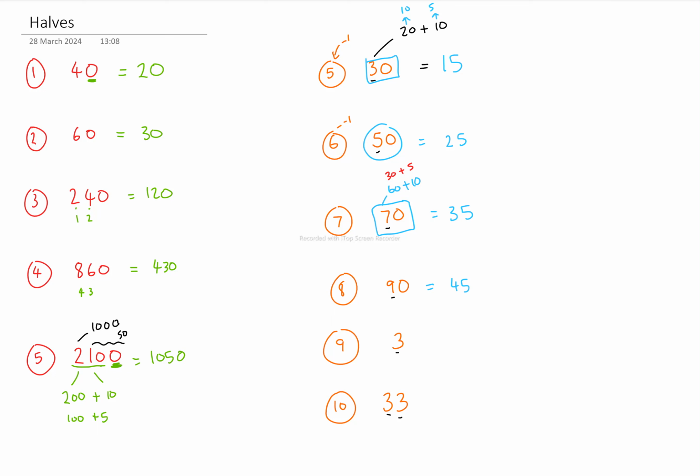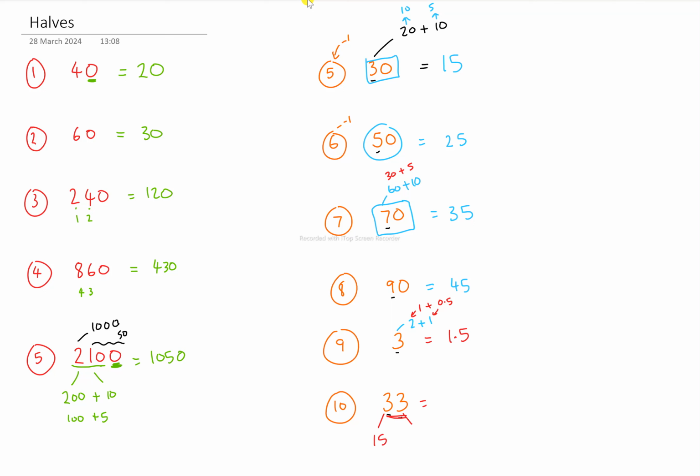What's half of 3? This causes a lot of trouble. So split up into 2 and 1. What's half of 2? 1. What's half of 1? 0.5. So the answer is 1.5. Right. What's half of 30? You should know it's 15.